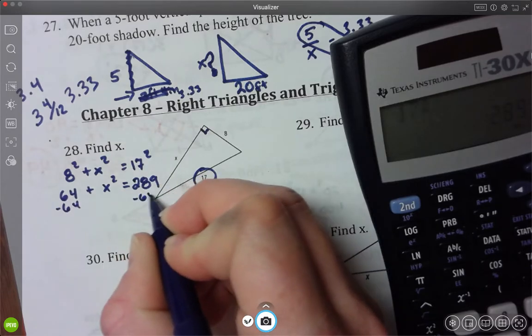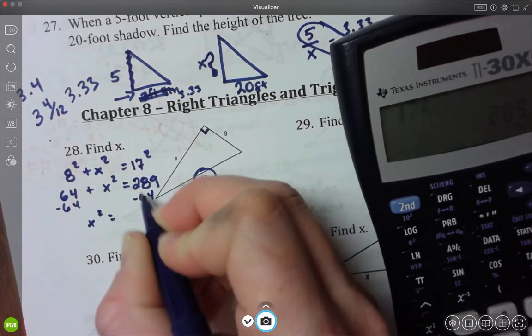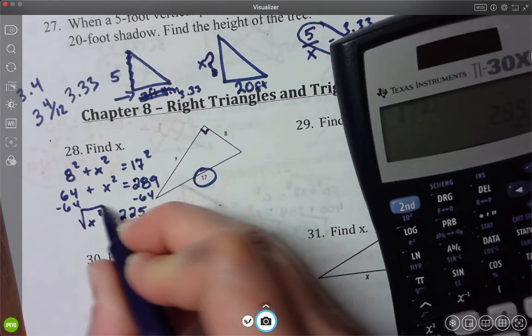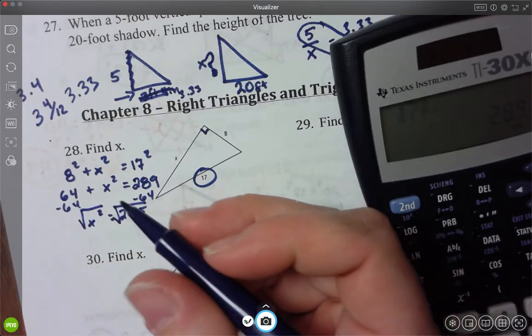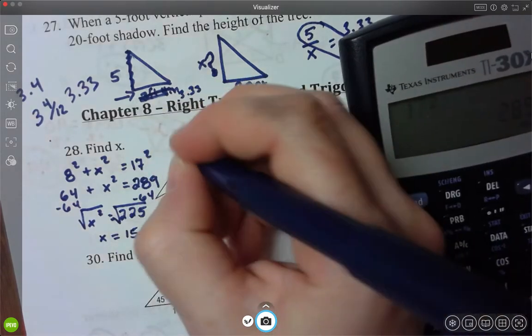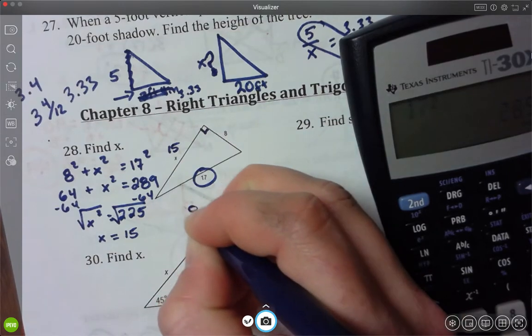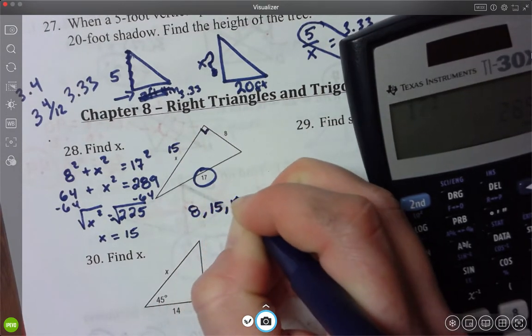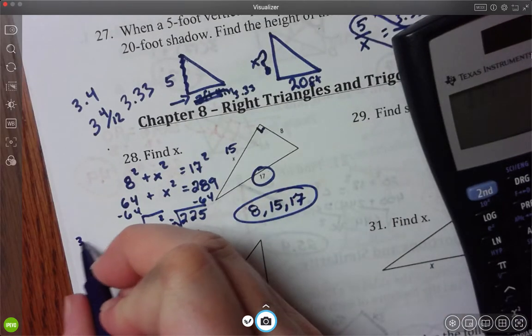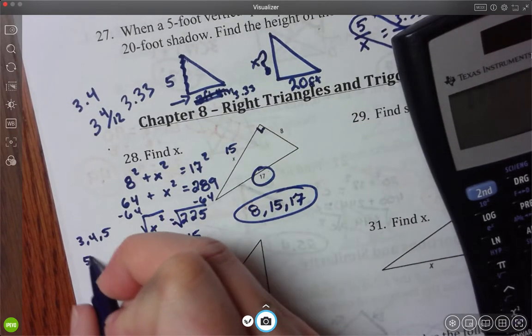Okay, so x squared equals 289 minus 64, which is 225. And if I take the square root of 225, it comes out nicely. It is 15. This is a perfect triple where it is 8, 15, and 17. Okay, there were other triples that we had, which was like 3, 4, 5, and 5, 12, 13 was a special one.